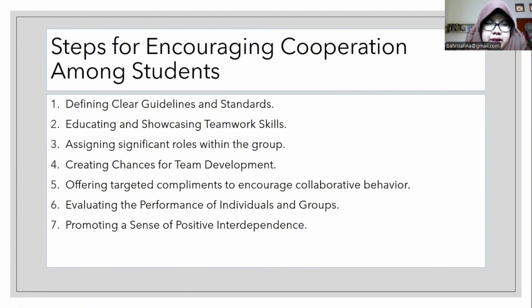Fourth, making opportunities for team building. The fifth one, giving personal praises to encourage collaborative attitude. The sixth one, assessing the performance of the members and teams. And lastly, providing a sense of positive interdependence.